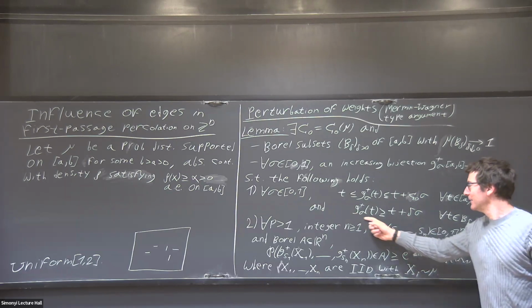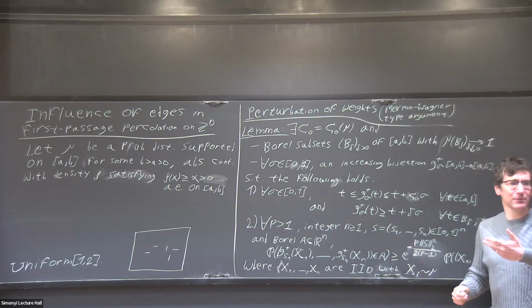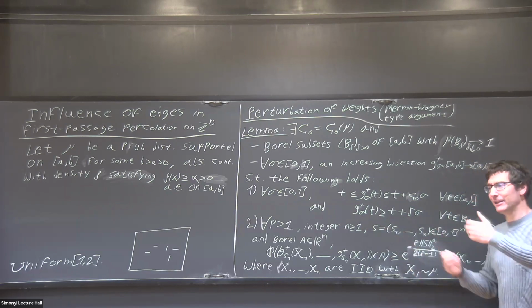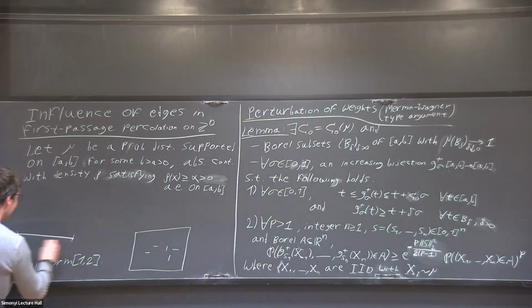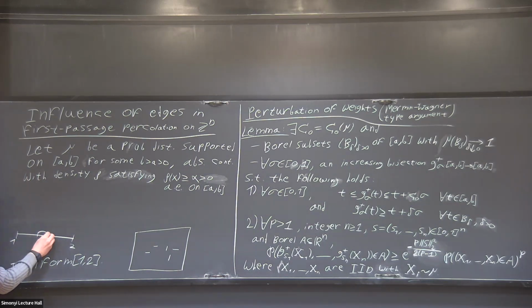When you apply G sigma plus of t, you're adding a constant sigma. The way you may imagine it is that when you're in the bulk, G sigma plus t adds sigma. But you can't always add sigma, because when you're at the edge it doesn't work. At the edge you add a little bit less, maybe half sigma, and when you're really at the edge, even less than that.